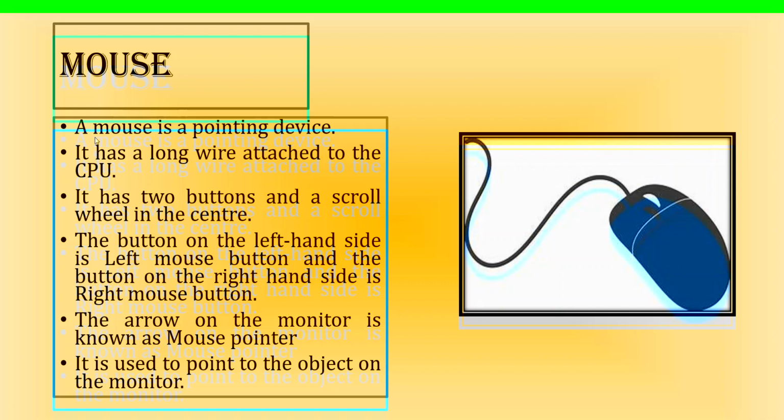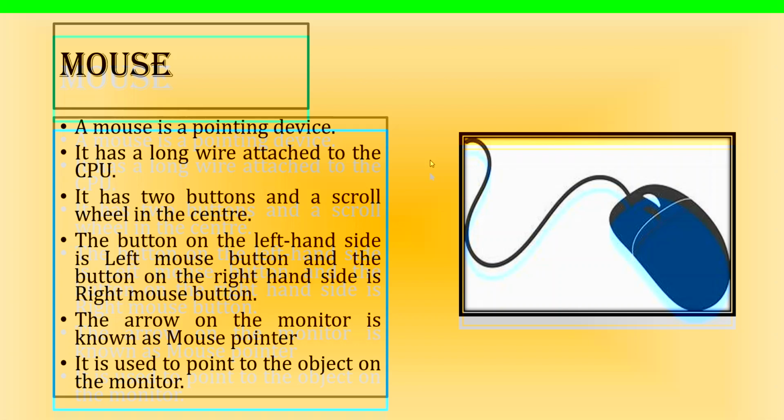A mouse is a pointing device. I can show: this is my screen and it has a white point. It points in any direction or to any point. Here up, down, left, right. You can scroll anything.